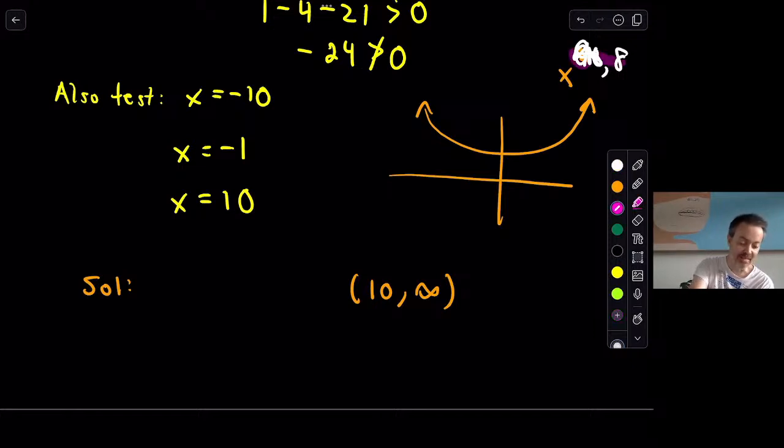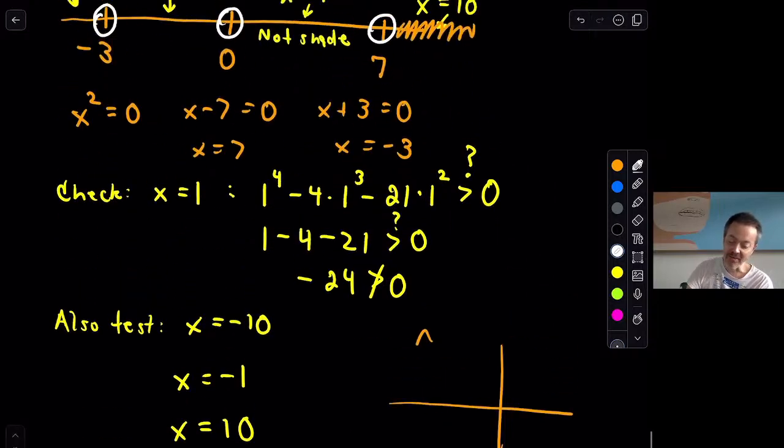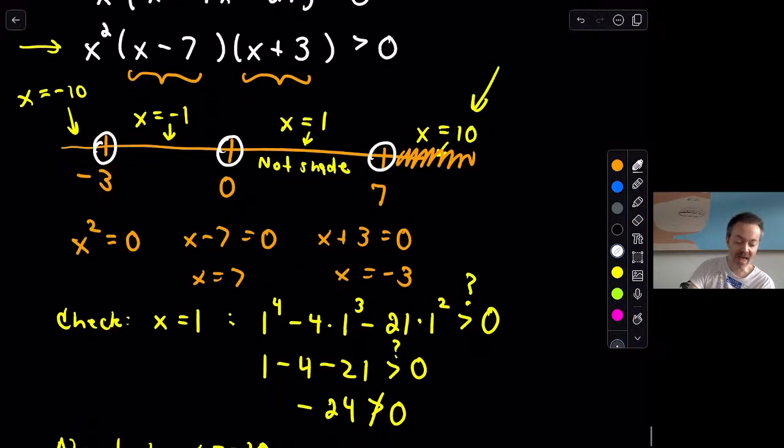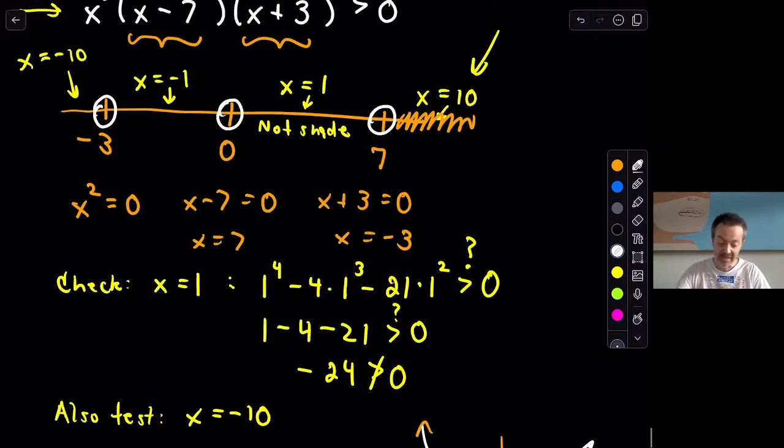Now, the thing is, in the middle, anything can sort of happen. We call it the end behavior. So if I were to graph y equals x to the 4th minus 4x to the 3rd minus 21x squared, I would know on the ends it's going up. Now, sort of what it does in the middle is a little bit of a mystery, but I know that on the ends it has to go up really big, which means it's going to be greater than 0.